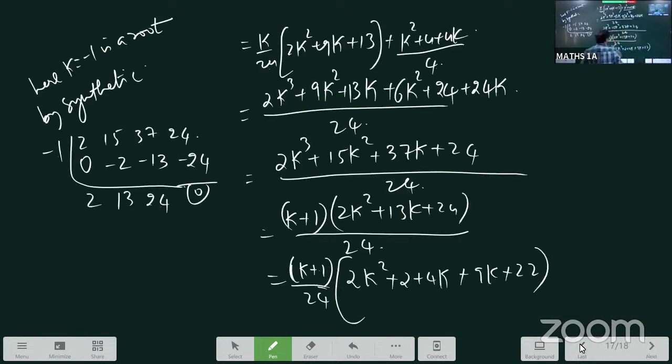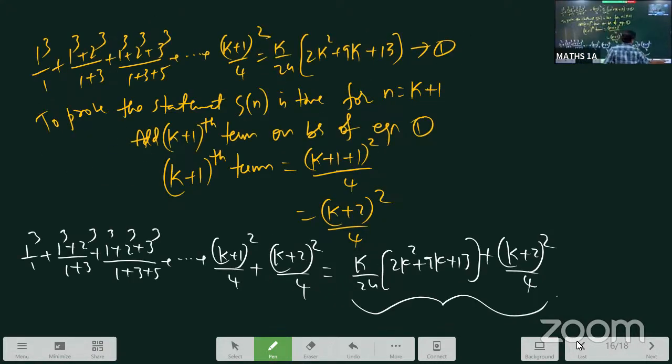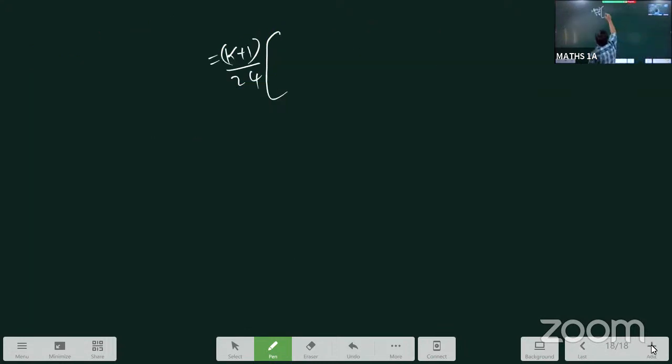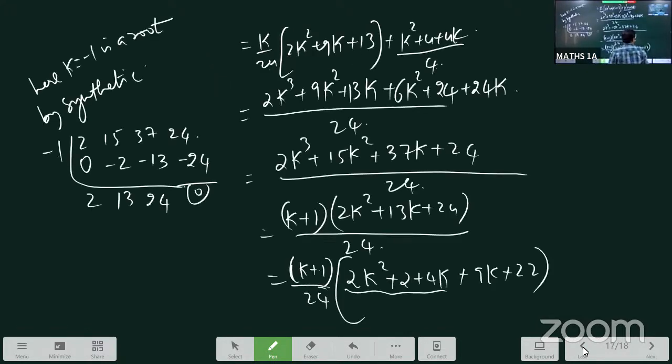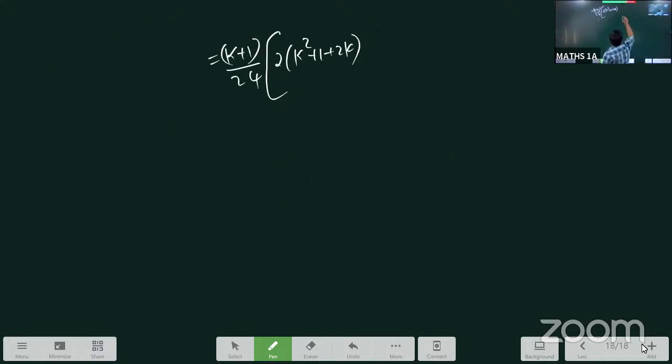That is nothing but k plus 1 by 24 into, once again, from here you take 2 common. That is k square plus 1 plus 2k. That was the intention, to bring 2 and 4k outside. Next, here I want 9k plus 9.